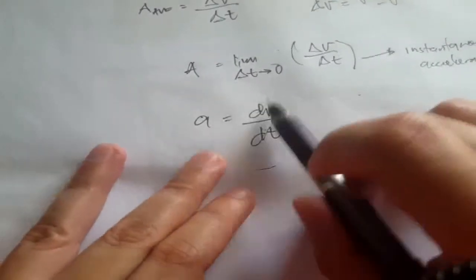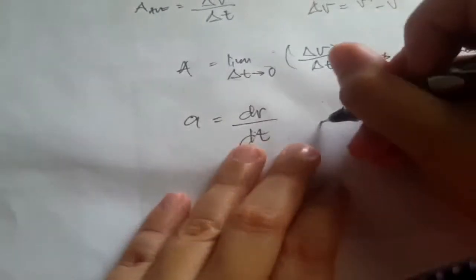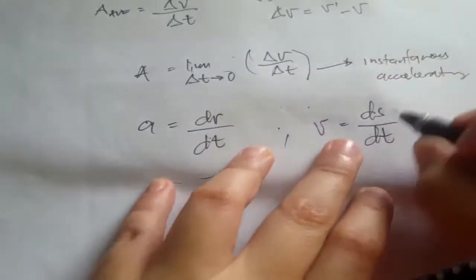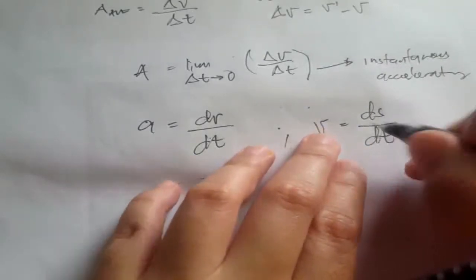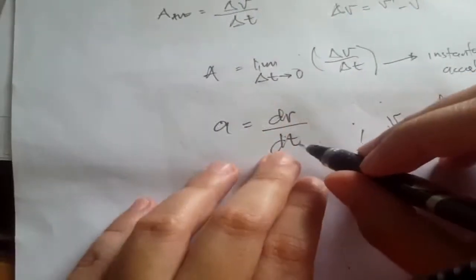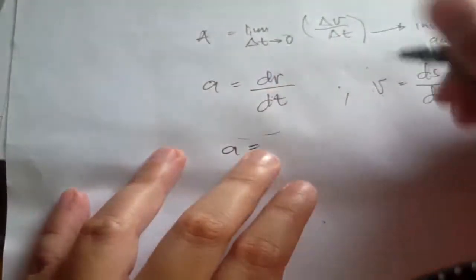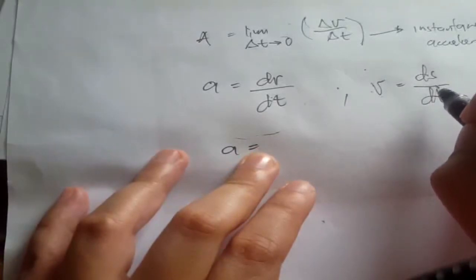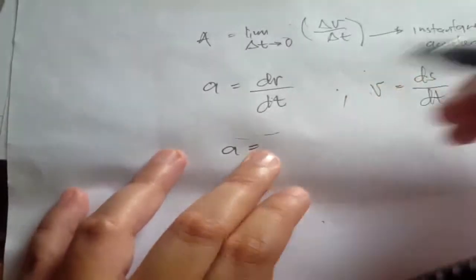Okay, but since velocity, if you recall, is ds over dt, the change in position with respect to time, when we take the derivative of this, dv with respect to time, we get the acceleration. Therefore, we can also get the acceleration in relationship with the position if we take the second derivative of the position.